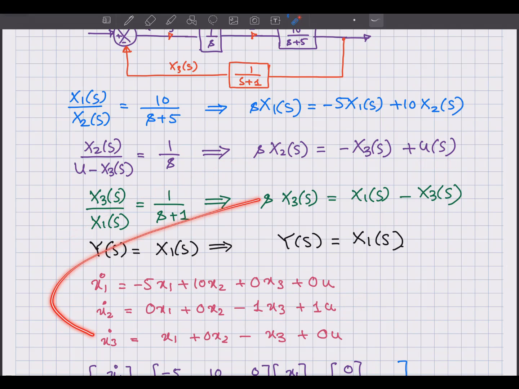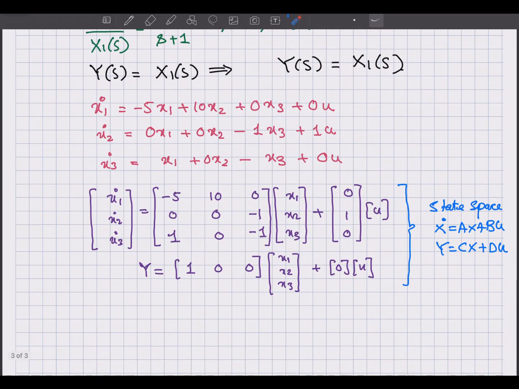Then from this equation I can write x3 dot equal to x1 plus 0x2 minus x3 plus 0u. Now we can write it in terms of the state space. We get the state matrix: minus 5, 10, 0, 0, 0, minus 1, 1, 0, and minus 1. And the input is only linked to x2, right? So the input matrix will be 0, 1, and 0.